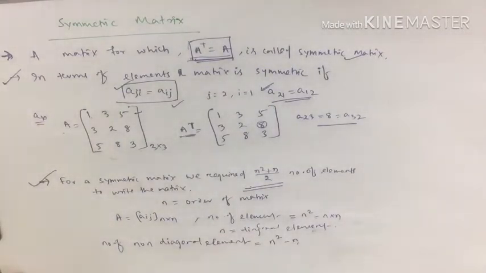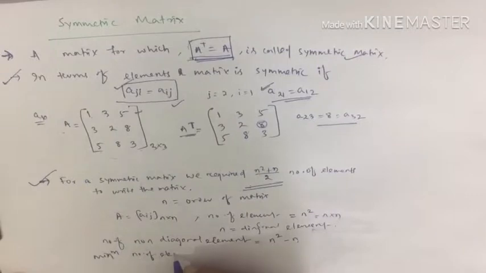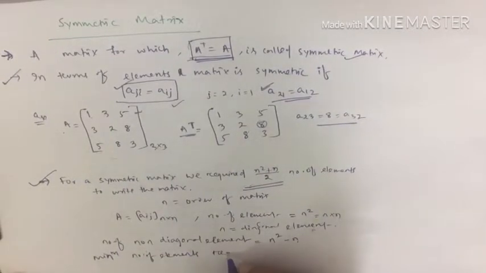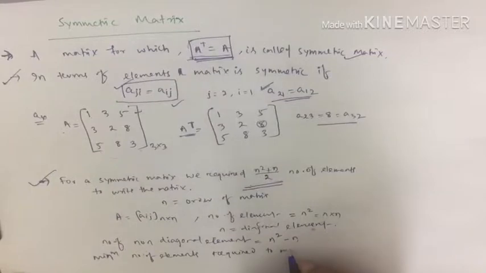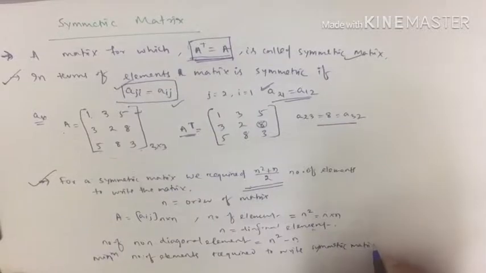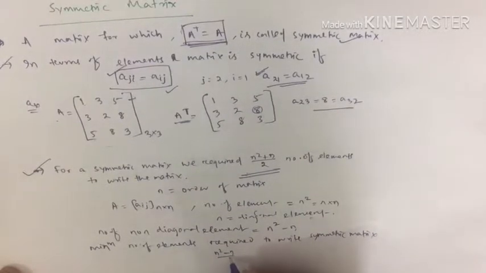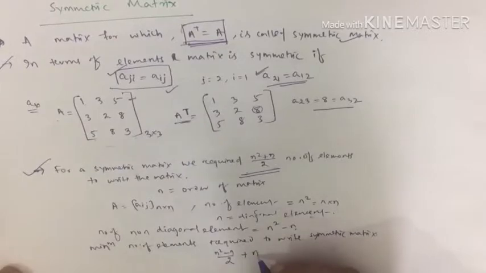So the minimum number of elements required to write a symmetric matrix is nothing but n square minus n divided by 2 plus the diagonal elements n.